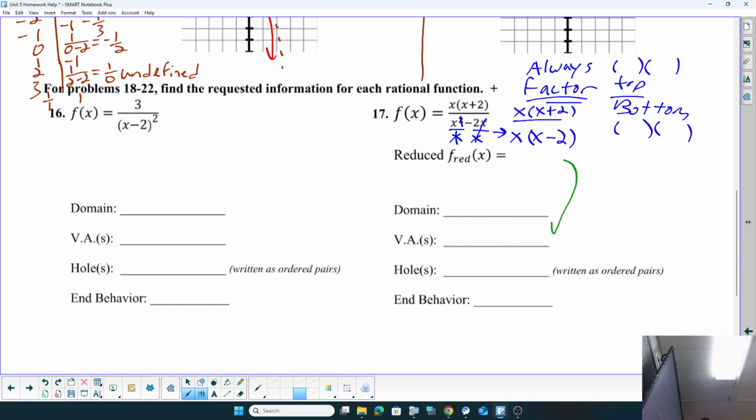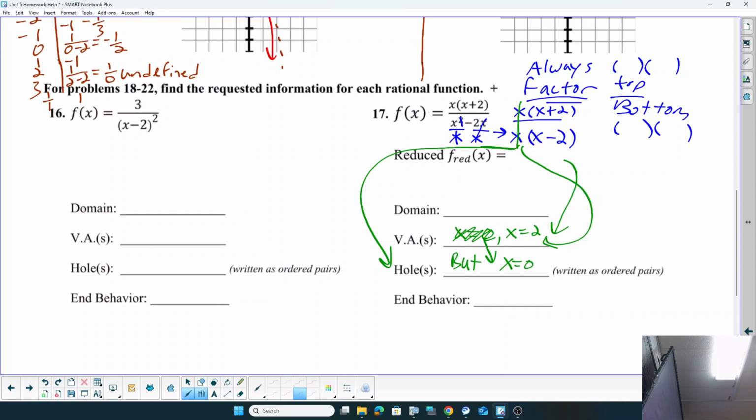We're going to have a vertical asymptote at x equals 0 and x equals 2. But x equals 0 is actually a hole. x equals 0 is a hole and not a vertical asymptote because the x is canceled. And so that means that it's the hole, right? The thing that canceled is called the hole.